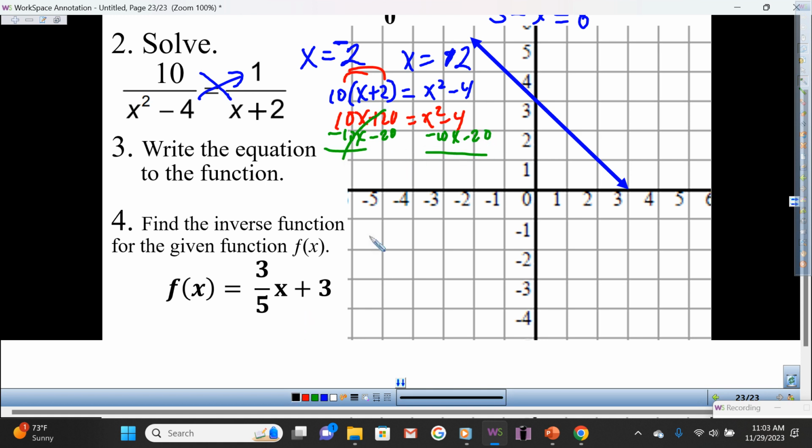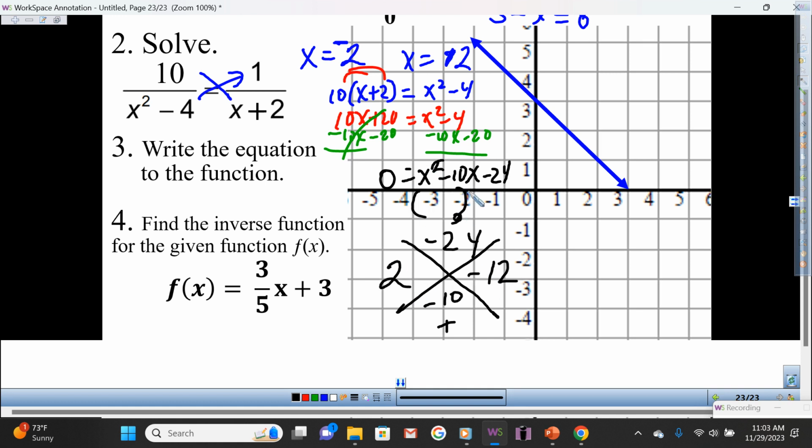We end up with 0 equals x squared minus 10x minus 24. What two numbers multiply to give me -24 and, when you add them, give us -10? That is 2 and -12. If you set them in factored form and set them equal to 0, the answers are -2 and 12.